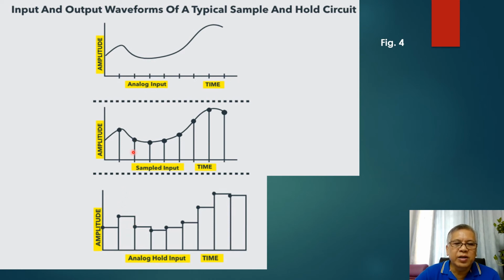This one here will be sampled again, in this particular area, this node here, and then it will be held again for a period of time, and then it will take another sample. Now this analog hold input will be transmitted towards your analog to digital converter.